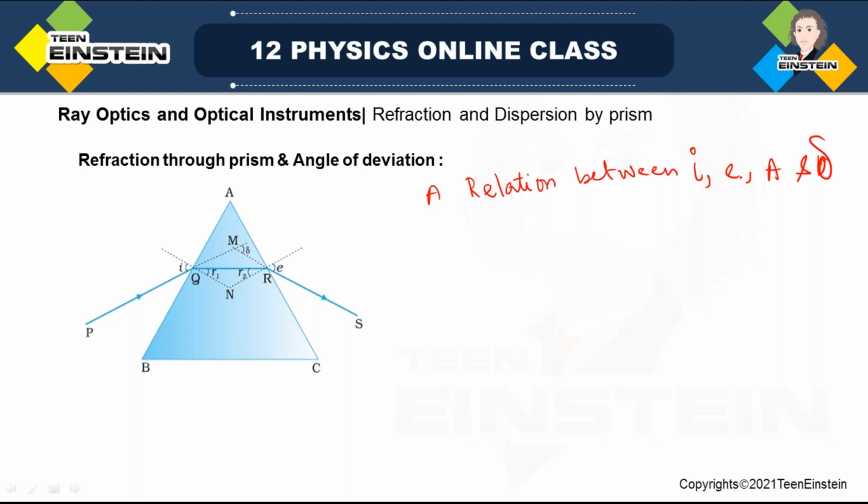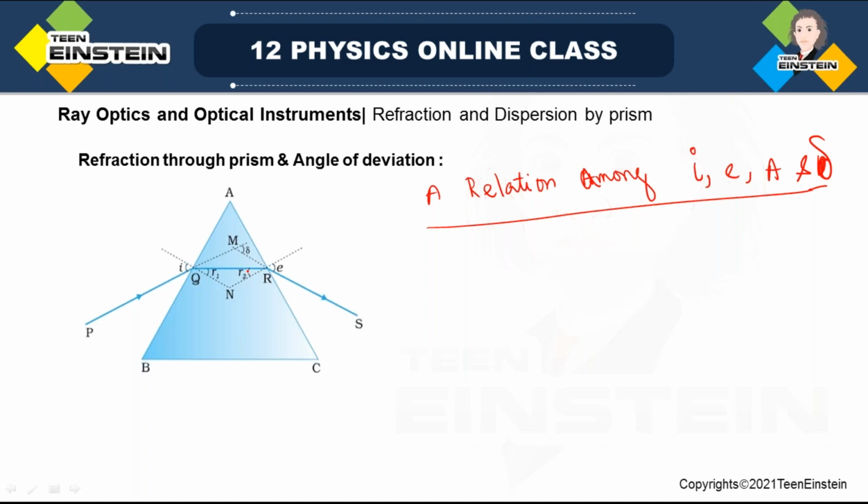Delta is the angle of deviation. So the relation among, not between, the relation among these parameters. What are the parameters? I, angle of incidence; E, angle of emergence; A, angle of prism; and delta, the angle of deviation. So we'll try to find out the relation among these four parameters first.